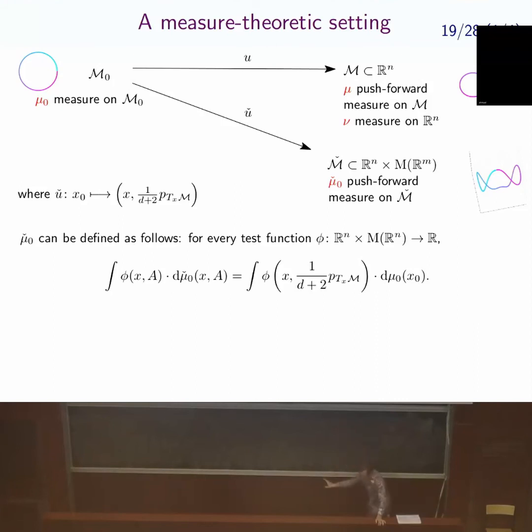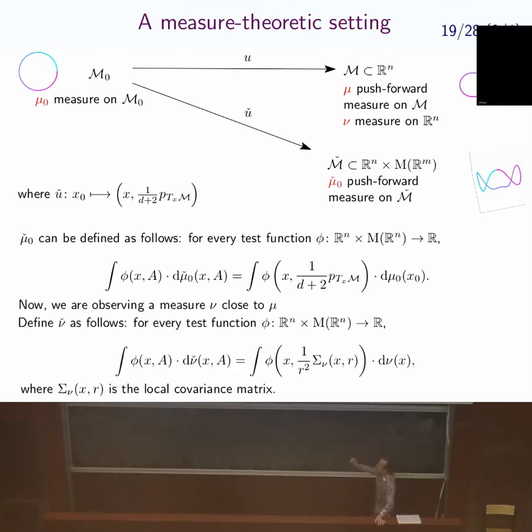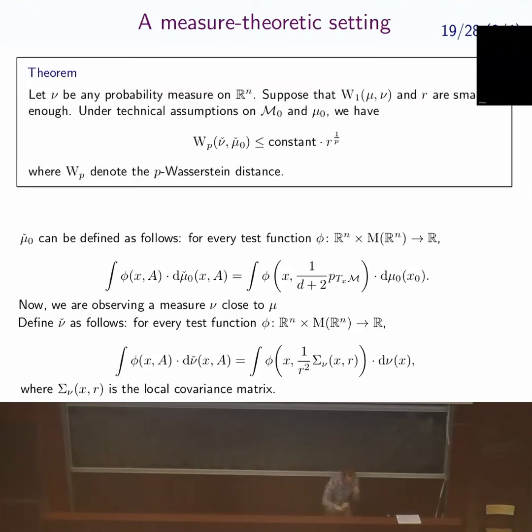So now I only observe nu. I will lift nu in the lift space with this equation. I simply replaced the projection matrices with the local covariance matrices adapted for measures. And I hope, again, that nu check and mu0 check are close, and they are in Wasserstein distance.